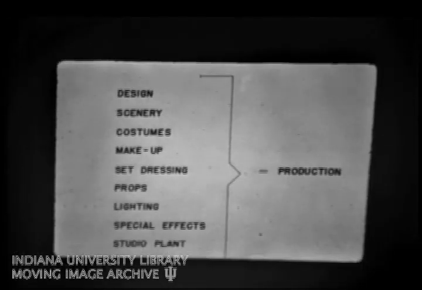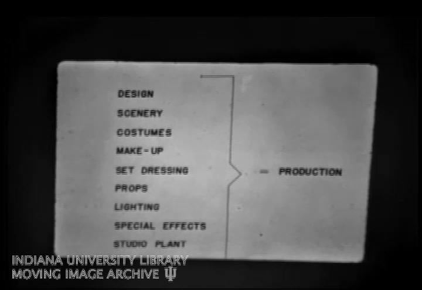A quick resume of this slide shows you that above the line is made up of the people who think up and plan the illusion, and below the line are the people who take the illusion and make it real. The elements of production itself are shown on this slide. These are the departments involved directly in the creation of the production elements themselves.